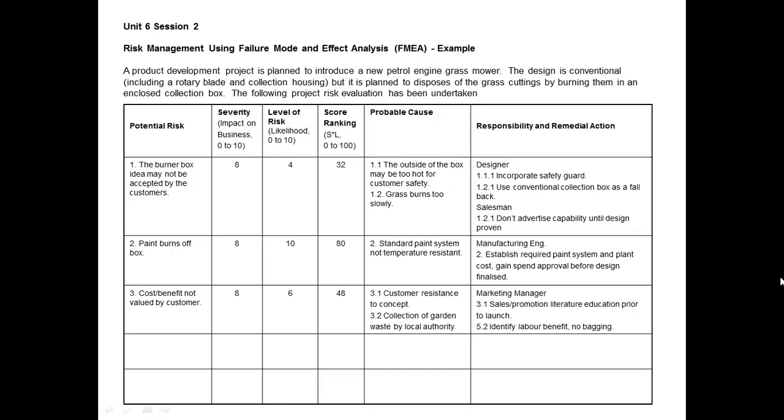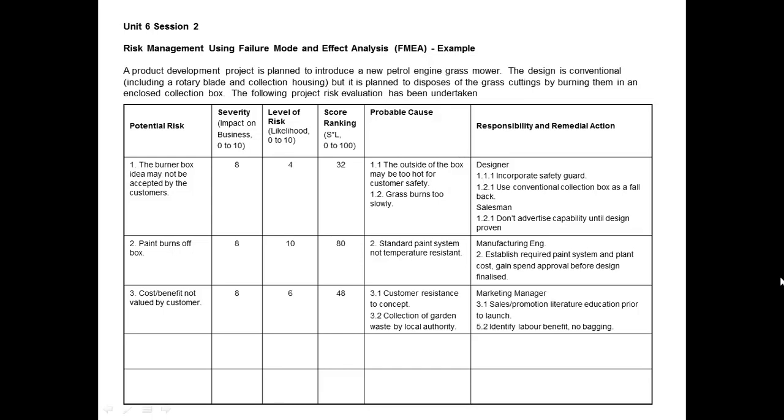The likelihood might be 100%, i.e. 10. It will definitely happen. Therefore, our score ranking might be as high as 80% if you like in this case. The cause is that the standard paint system is not temperature resistant, so it will occur.